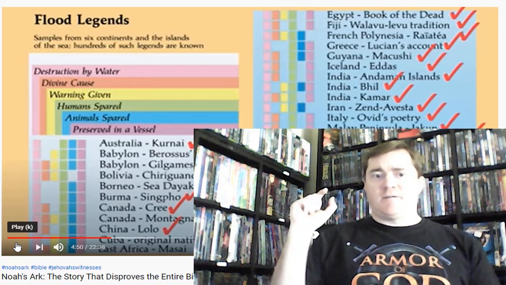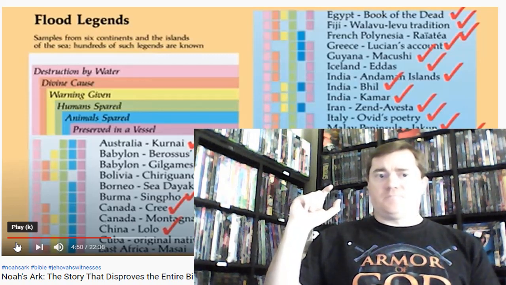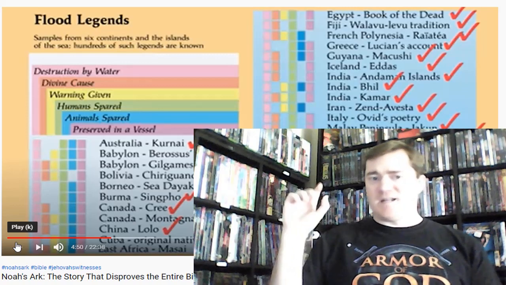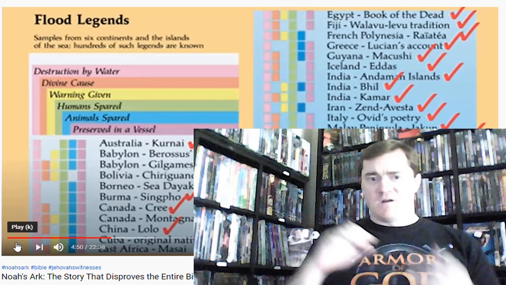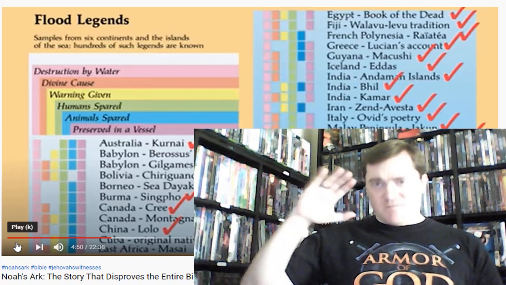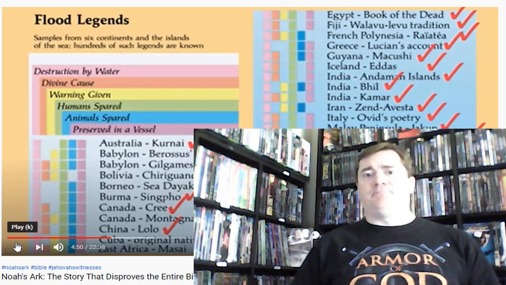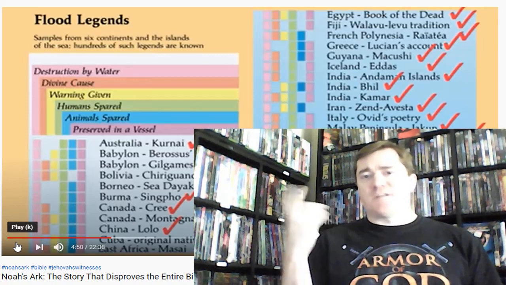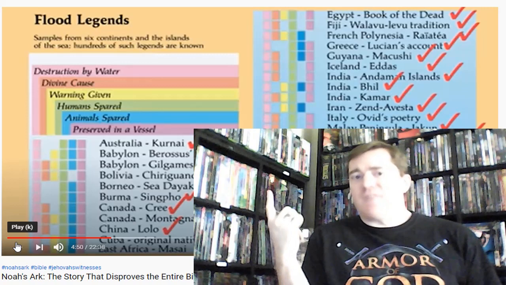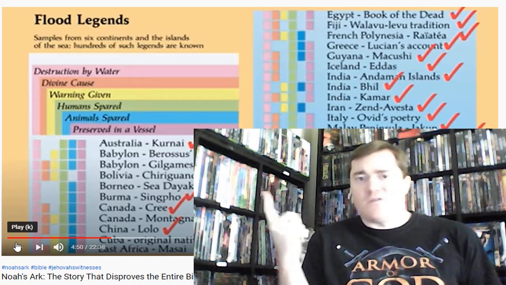closest flood legends. Maybe not necessarily divine cause, but humans spared, animals spared, preserved in a vessel, out in the middle of the Pacific Ocean. I think French Polynesia, okay, they didn't have anybody preserved in a vessel, but all the rest of it's the same.